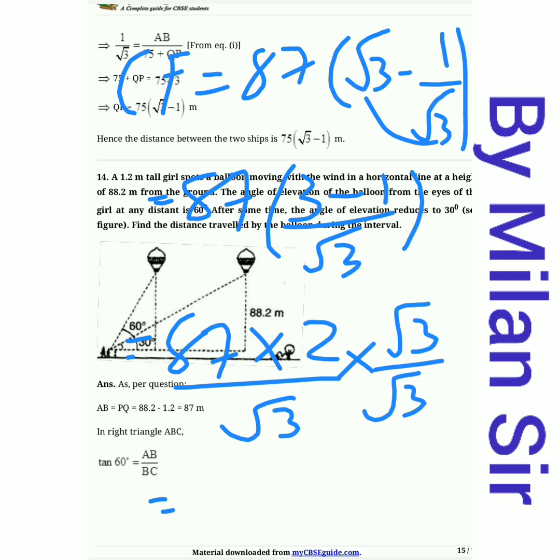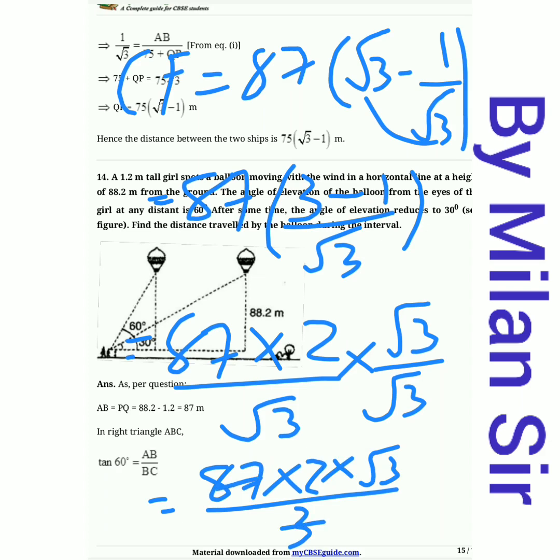So now in the numerator, 87 into 2 into under root 3, and in the denominator, under root 3 into under root 3, only 3. Right? Now divide 87 by 3. 87 by 3 is 29.